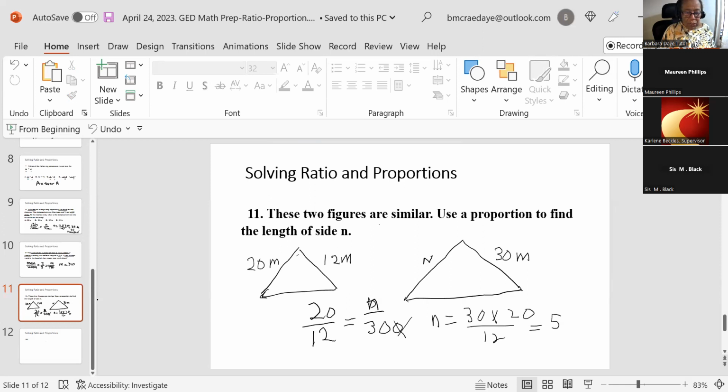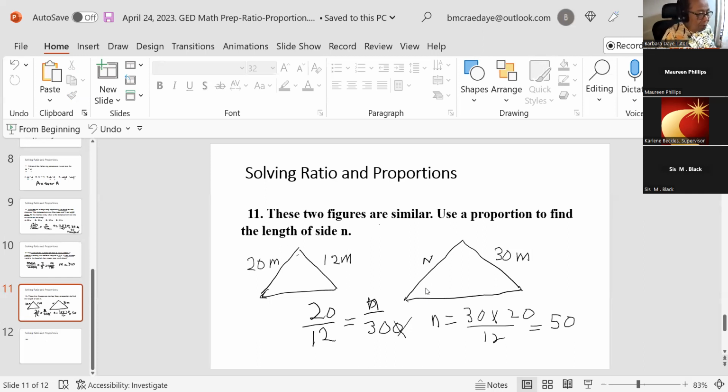Now, this is real world with similar triangles. With similar triangles, they're always in proportion to each other. I gave you the same side, except this is a little bigger because one is always bigger than the other.